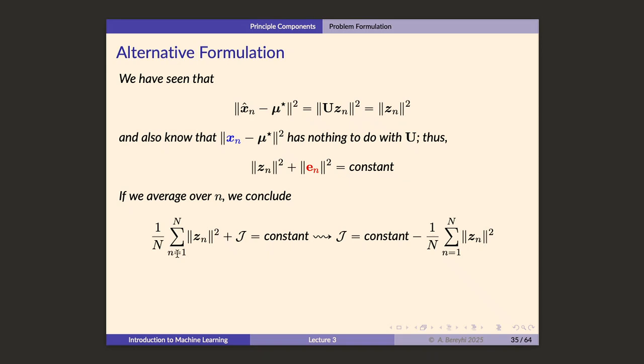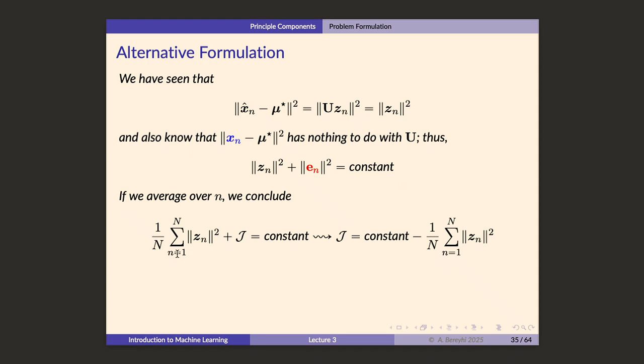Let me just write it down: VAR. Now, if I want to minimize J, and I don't want to deal with J, what can I deal with instead? VAR. Yeah, exactly. And this is minus, right? So I'm going to maximize it. If I maximize this term, it's exactly the same as minimizing J.